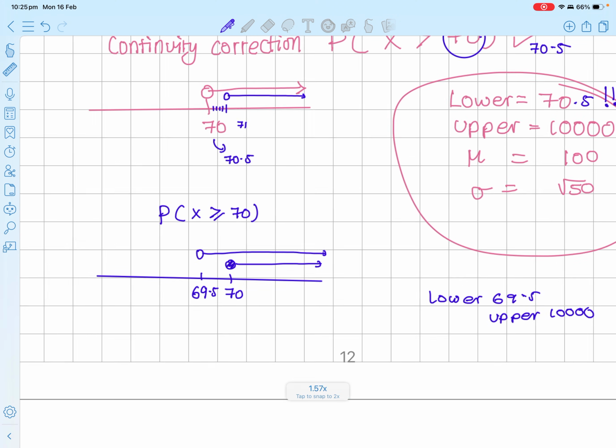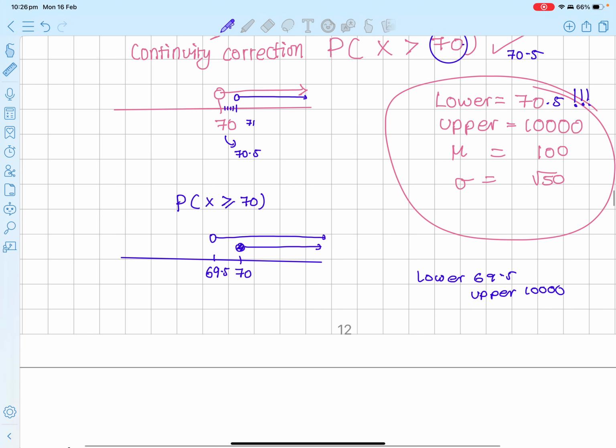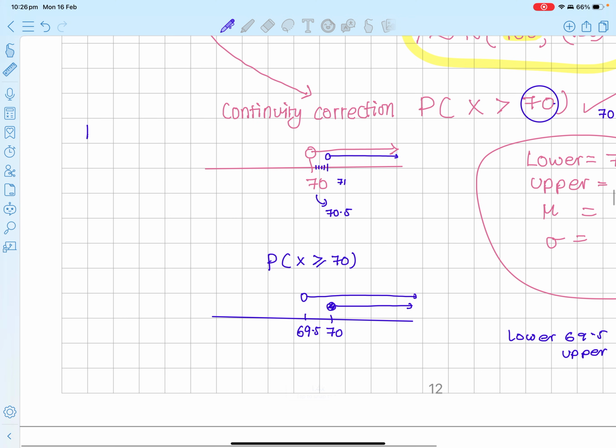Suppose they've given less than 70. If it's less than 70, 70 is there, you start less than 70. So do I need 70? No, because it's less than 70. 70 is not included. So I want the next number that is less than 70, not 69.